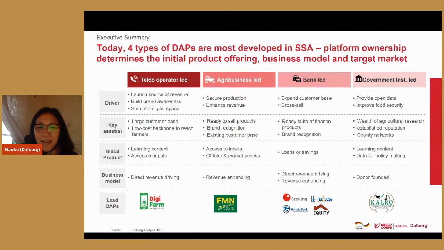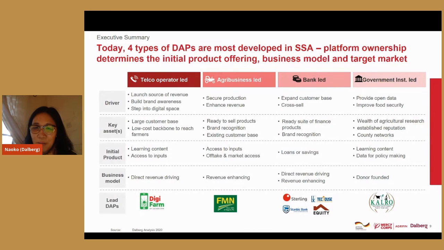In partnership with AgriFin and GIZ, we have reviewed these 4 types of digital agricultural platform, we call them DAPs, that we start to see their emergence in South Africa. And we have mapped their drivers, assets, how they enter the sequence, the product, the roadmap, and what their business model looks like.